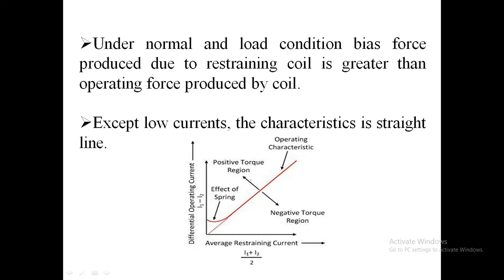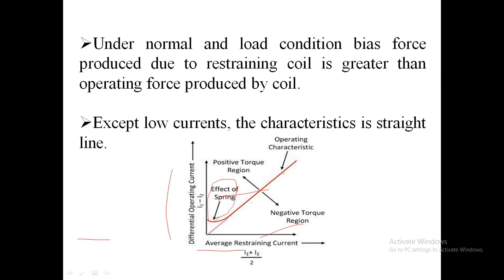Except at low current, the characteristic is a straight line. This is our graph between the average restraining current and the differential operating current, with the effect of the spring, and this is the positive torque region and the negative torque region.